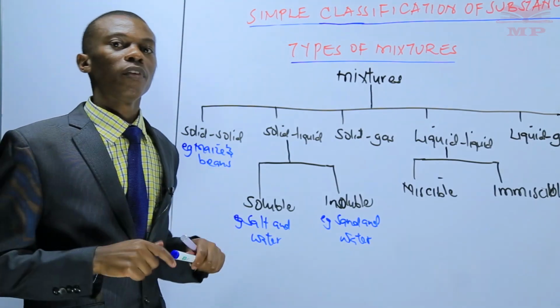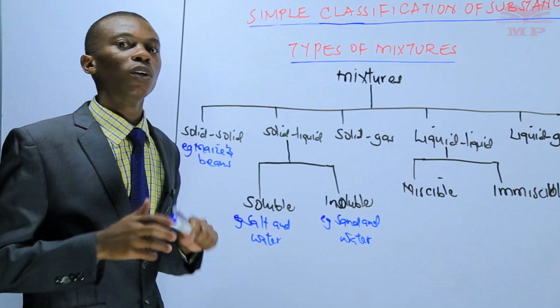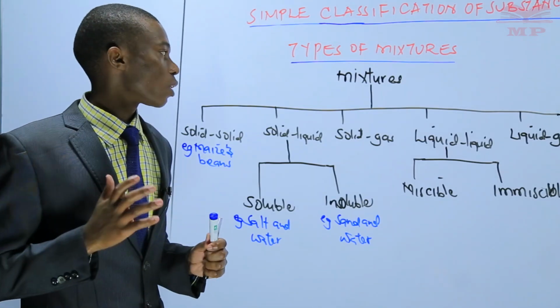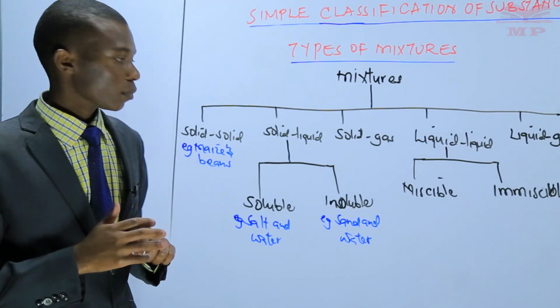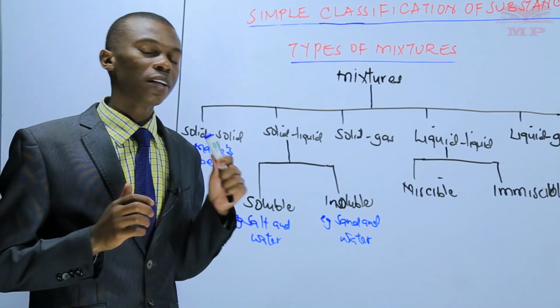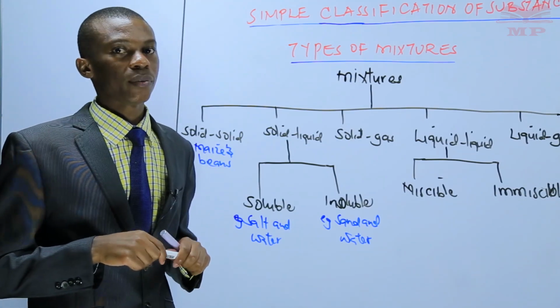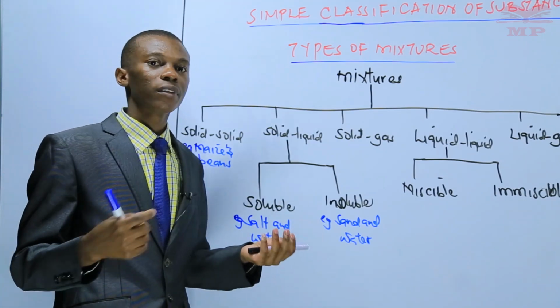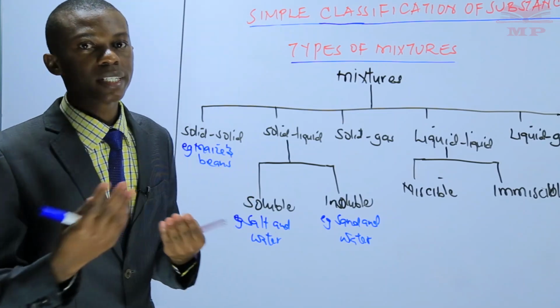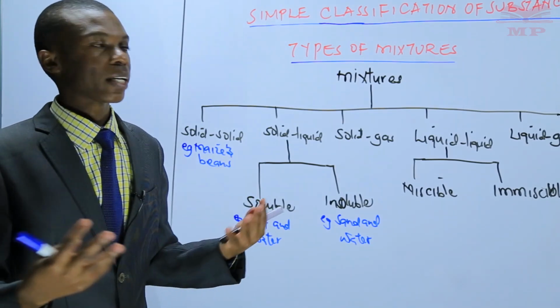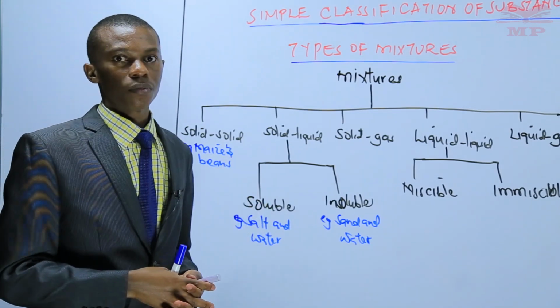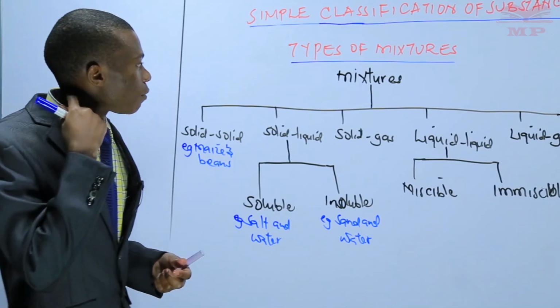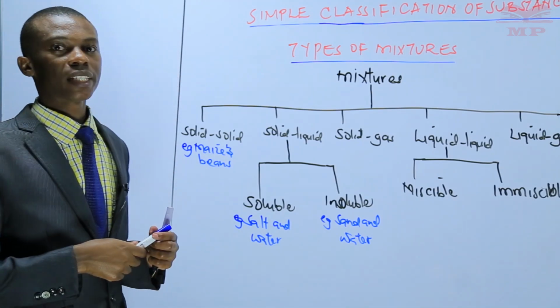It cannot dissolve. Even if you stir for a whole day, it will not dissolve. That is an example of an insoluble solid-liquid mixture. Other examples include wheat and water. That one cannot dissolve.